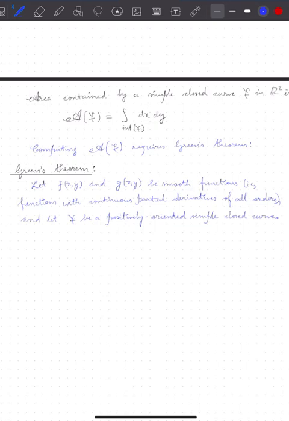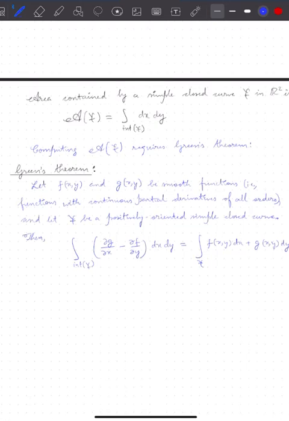Okay. So then what we have is the integral over the interior of gamma vector, that is the domain of integration, of partial g by partial x minus partial f by partial y dx dy, which is equal to the integral over gamma vector of f of xy dx plus g of xy dy.